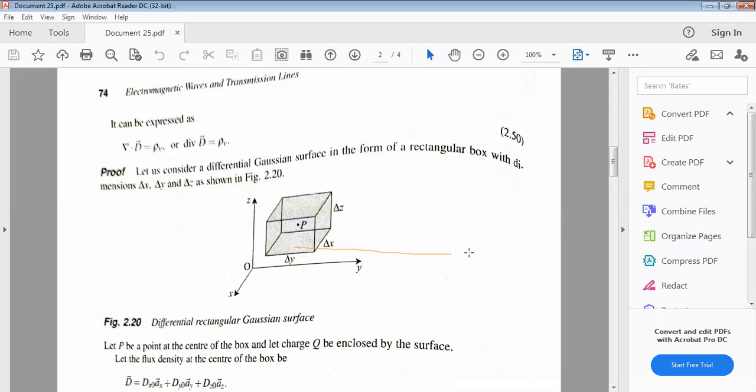Point form Gauss law is expressed as del dot D equal to rho V, or simply divergence of D equal to rho V.